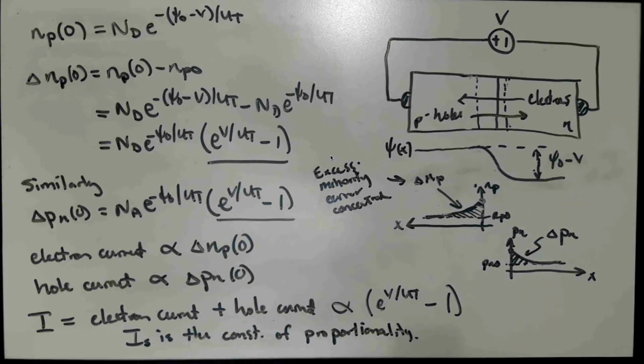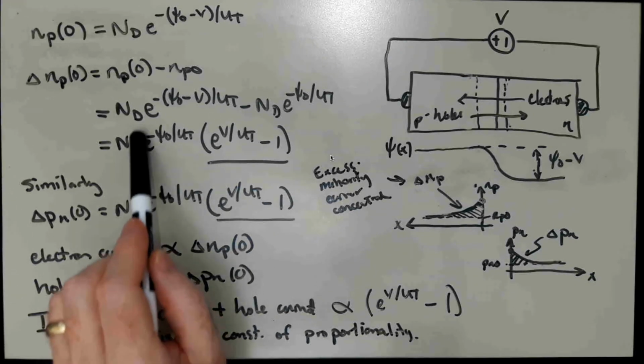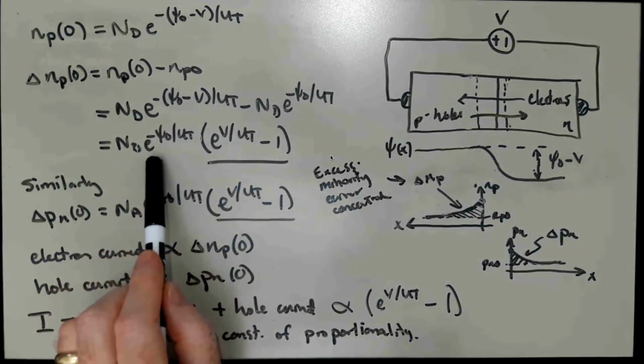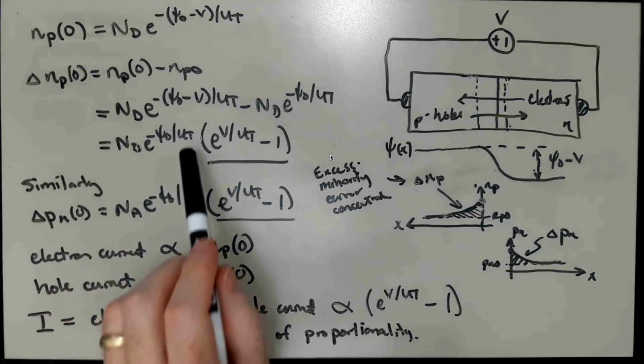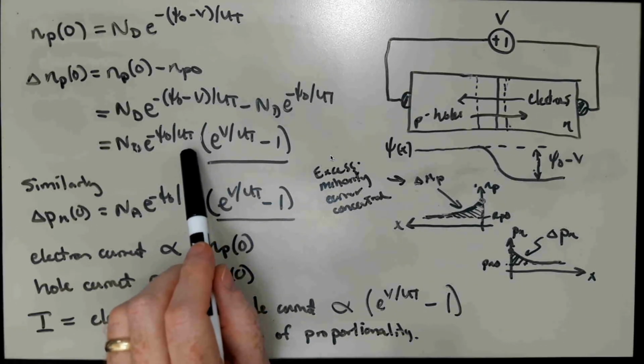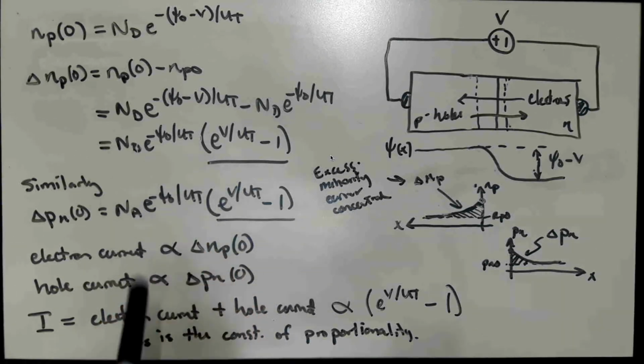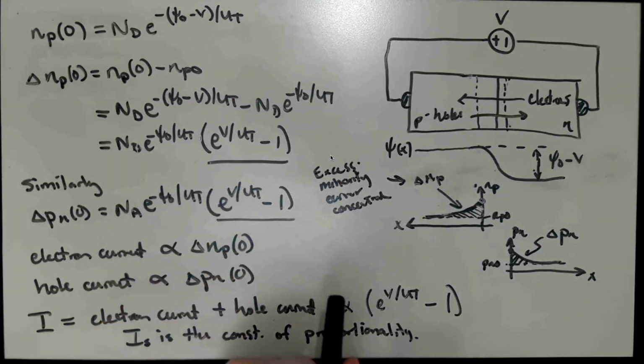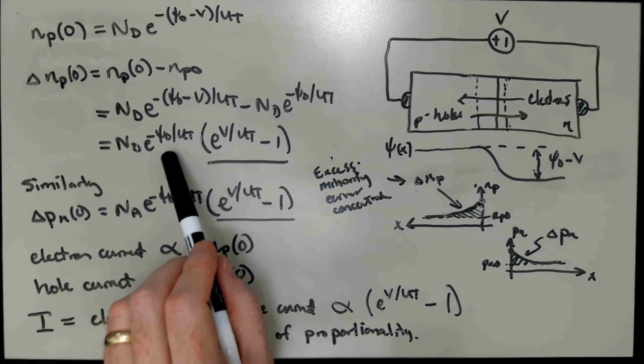And the other thing to note is that, because of this e to the minus psi 0 over ut, if you have the temperature change by an appreciable amount, like for instance over the military specification temperature range, which is like minus 50 Celsius to plus 100 Celsius, this IS parameter will change by approximately a factor of 1,000,000 over that temperature range. So this is a very exquisite temperature dependence.